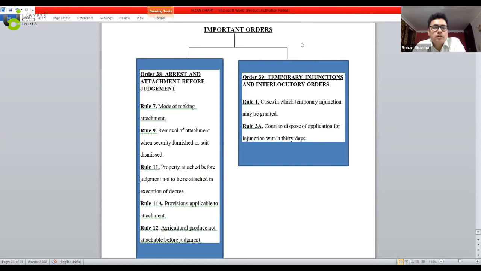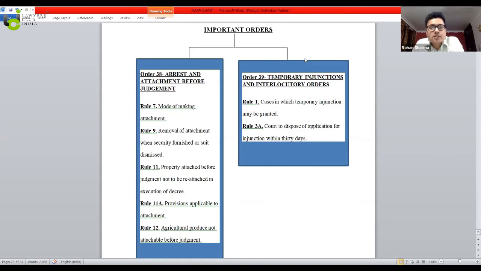It is a very important tool which we as lawyers use, and a very effective one, because most civil cases, especially those dealing with properties, are ones wherein there is a very clear threat of the property changing hands.